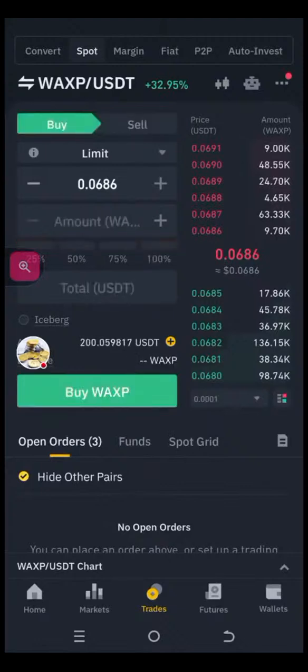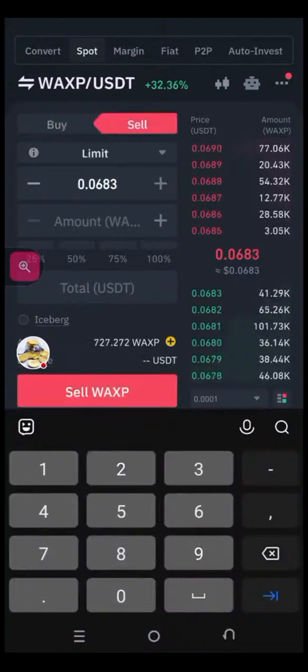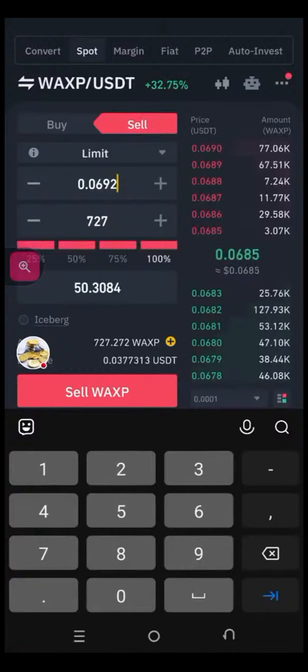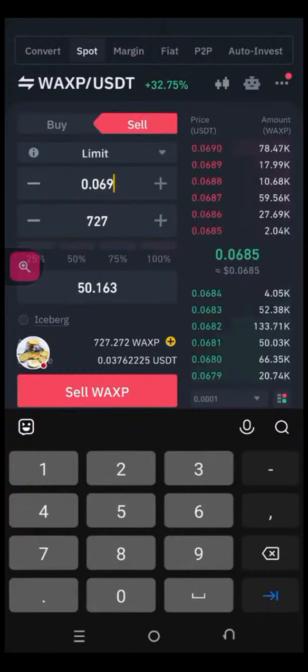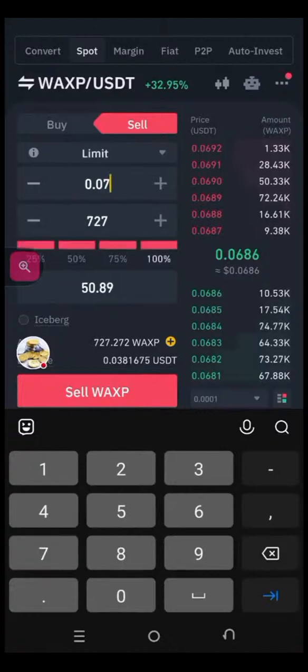Not yet. Let's put 6.92 here and see how much we'll make. I don't want that, that's too low. 6.95, still low. Let me do 7. Okay, I think I like this one. Let's go with this one.